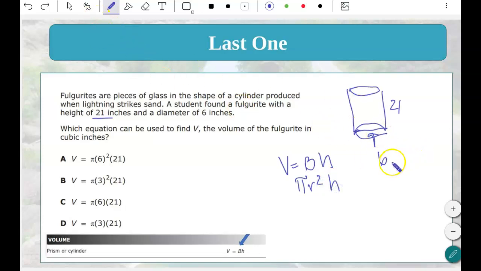So 6 is the diameter, so the radius would be 3. And it looks like we're not even going to multiply it out, so we're just going to leave pi. Our radius is 3. You have to square it and then multiply by 21. This was an actual STAR question from last year. So the answer here would be B.